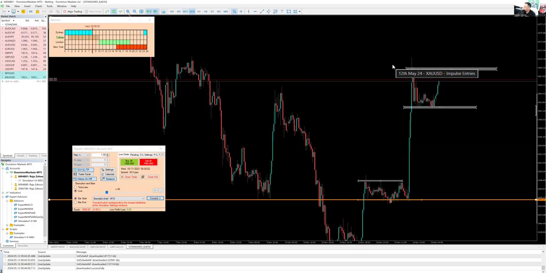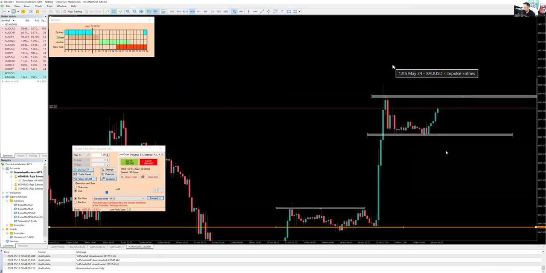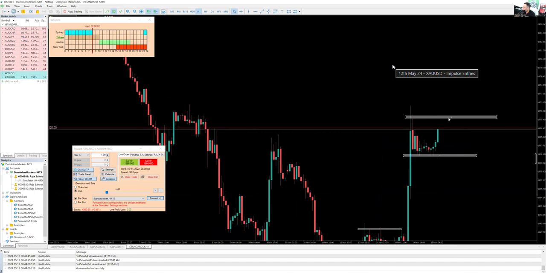Now we have to ask ourselves, what's the probability for the next candle, especially on the 1 hour time frame, to continue to push up? Looking at the 1 hour time frame, we do have some range, but I think we've missed the move to go up.